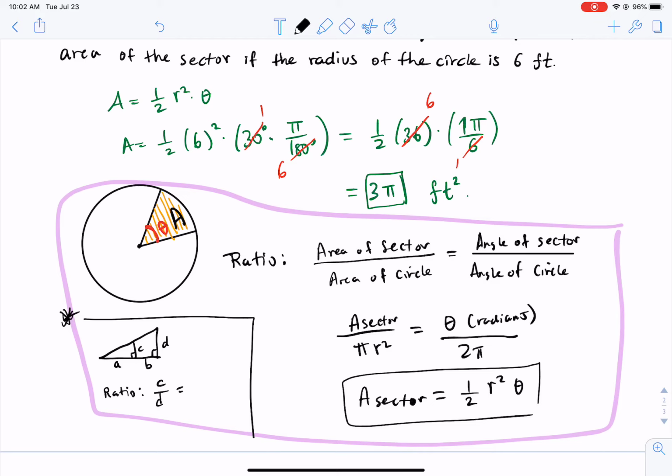This is similar to that, but in terms of a section of a circle. So this is like similar triangles. This is a proportion that will allow us to figure out the area of the section that we want, or the sector in this case.